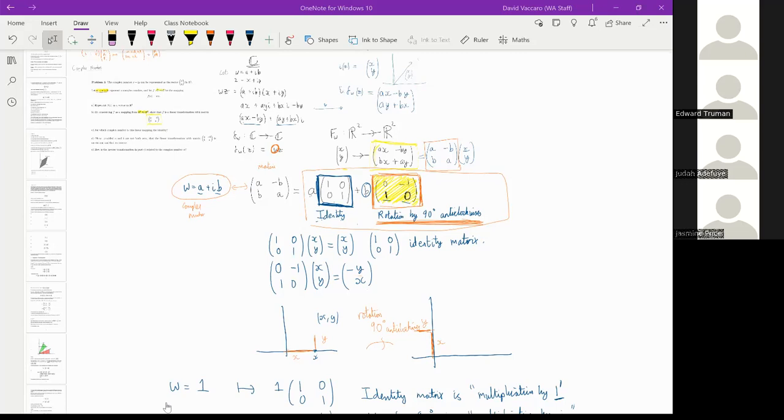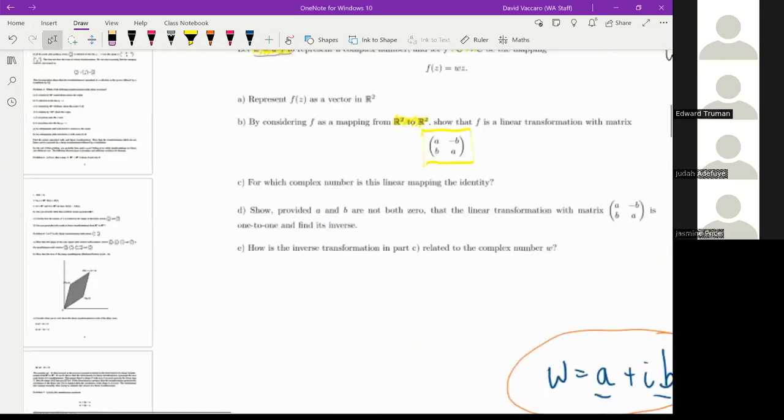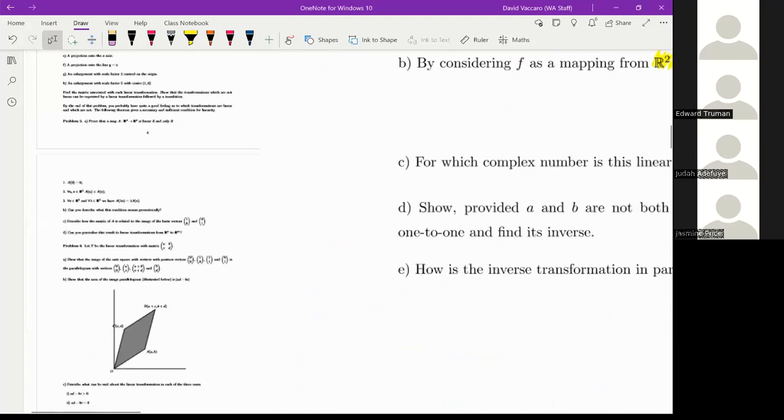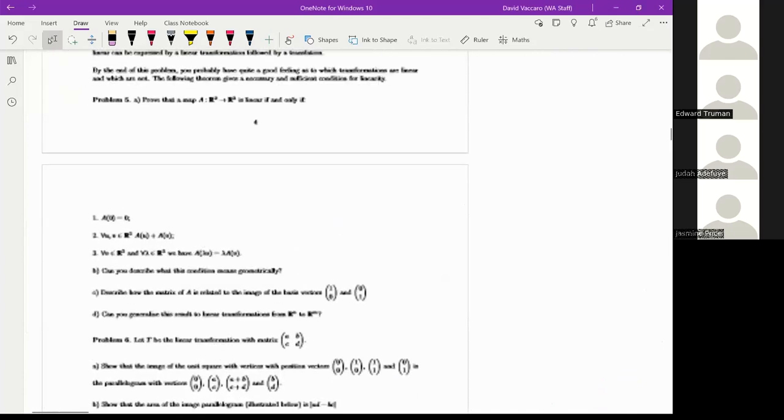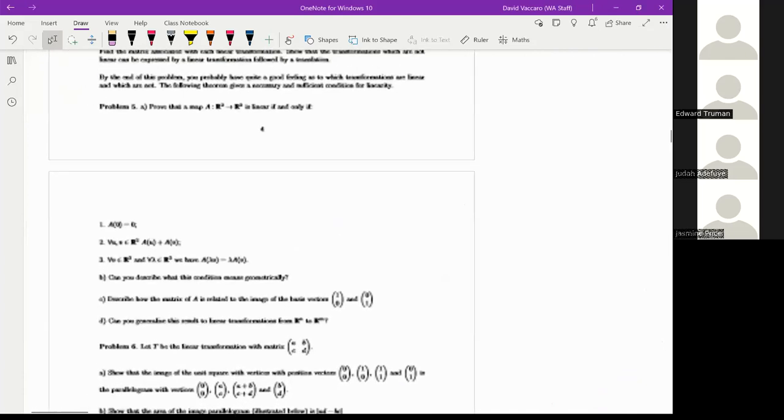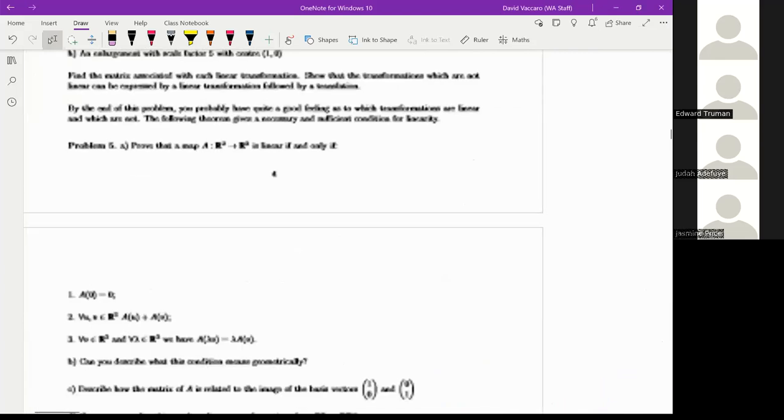People still there? Happy to go on. Excellent. Okay, good. Right, let's go back to the sheet. So my screen is.